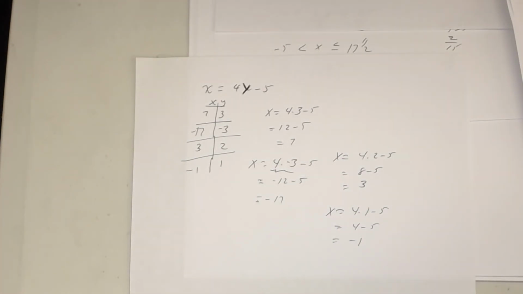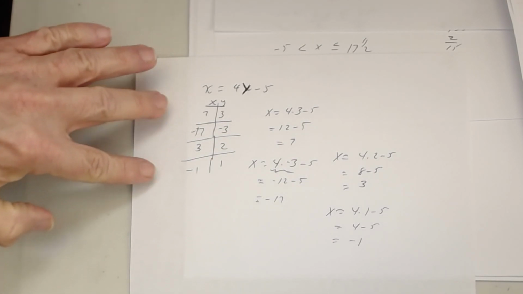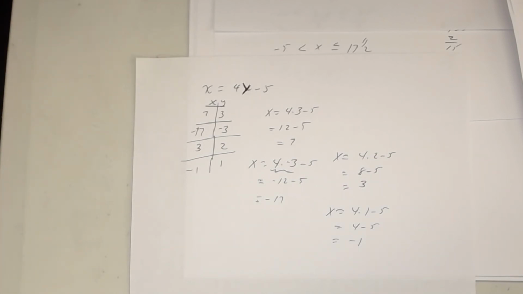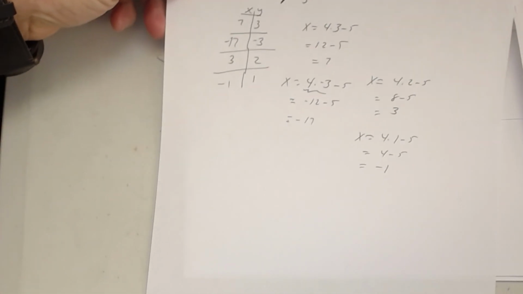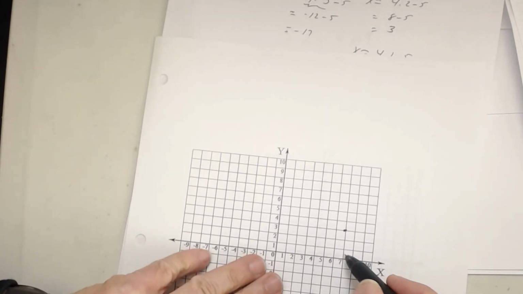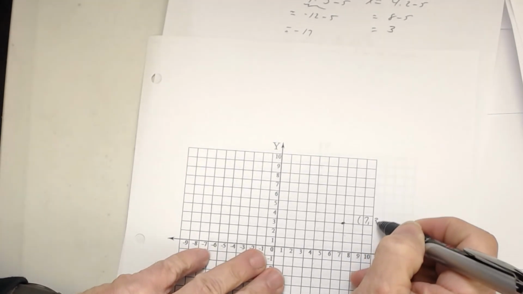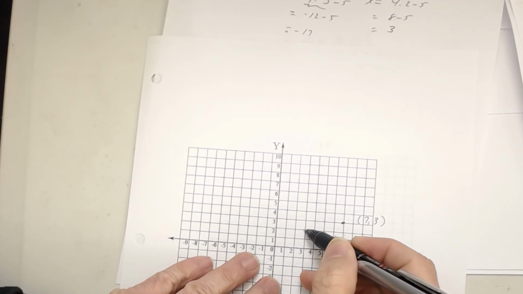Now remember, on this t-table, how many solutions have I indicated? 4. How many solutions are there? An infinite number. So we indicate the solutions using a line. 7, 3 is in the first quadrant, so I go to the right 7, up 3. 3, 2, I go to the right 3, up 2.